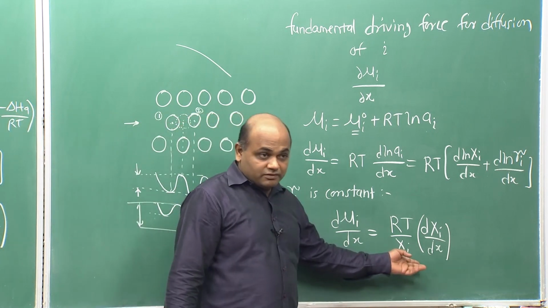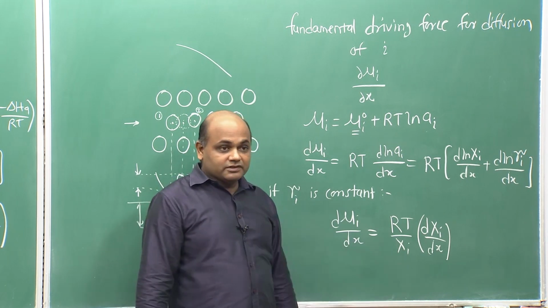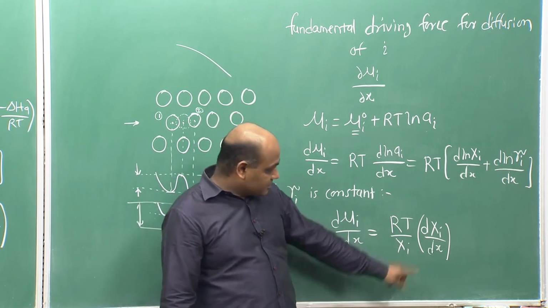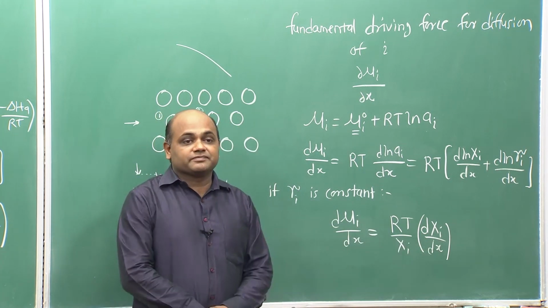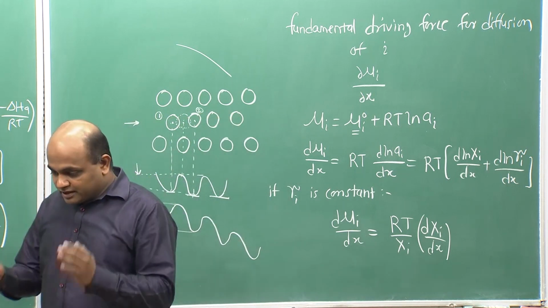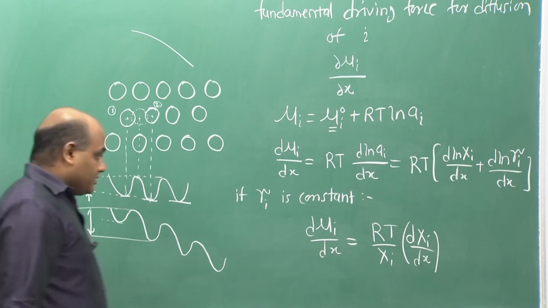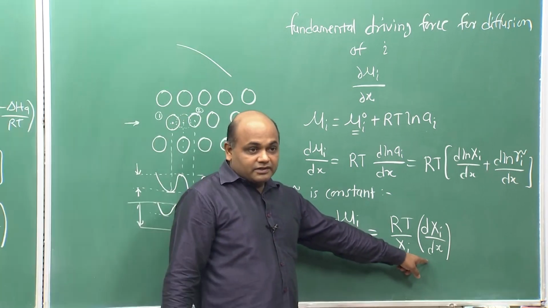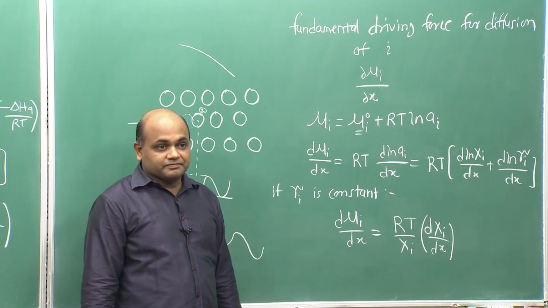And this is good for us because it is much easier to experimentally determine concentration than the chemical potentials, and that is why you will see most of the experimental, practical formalisms of diffusion are done in terms of concentration gradients.